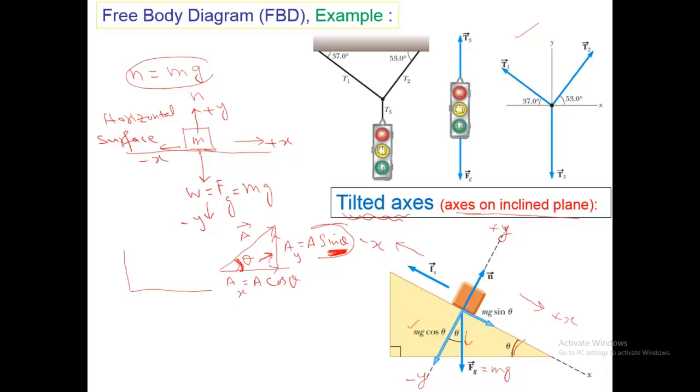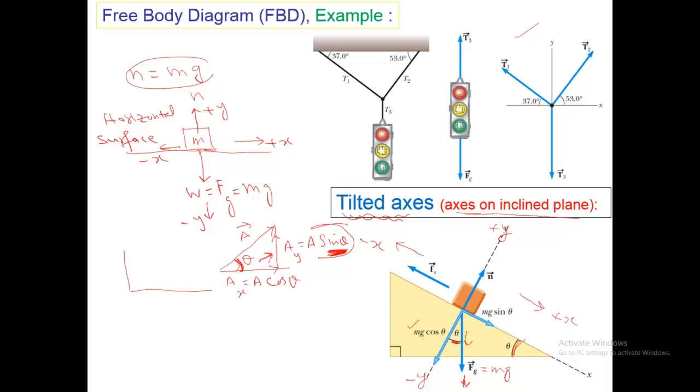Instead of a, now we have mg. This vector going down is mg, the gravitational force or weight of the object. Now, when this is theta, you can use the geometric concept that this will also be theta. This angle is theta. And we have to keep in mind the rule for adding two vectors.